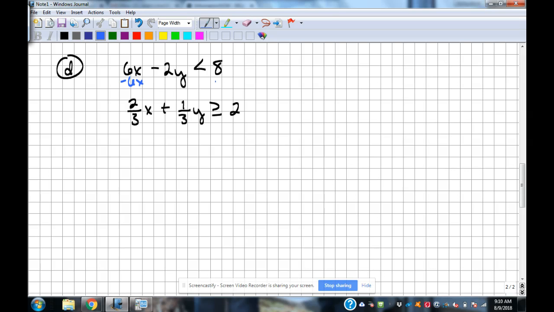Subtract 6x. So that's going to be negative 2y is less than negative 6x plus 8. And then what? Divide by negative 2. Good. So everybody gets divided by negative 2, not just the 6, not just the 8. Everybody gets divided by the negative 2.